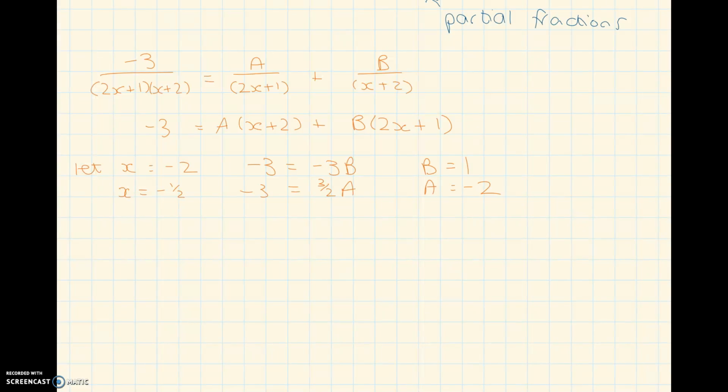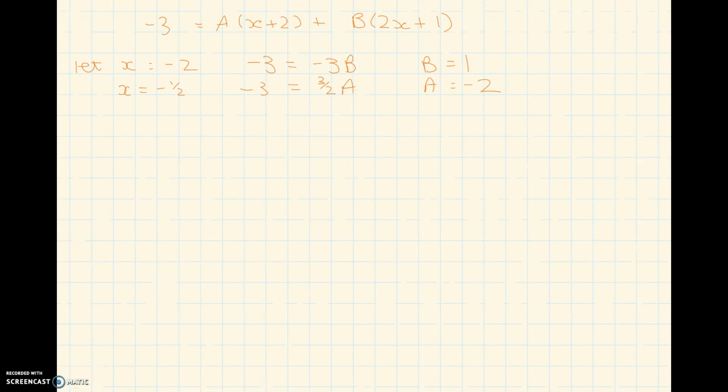If I put that back into my equation, I'm going to get the integral of 1 over y minus 2 dy equals the integral of 1 over x plus 2 minus 2 over 2x plus 1 dx.